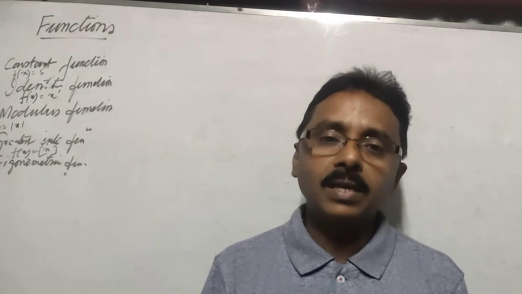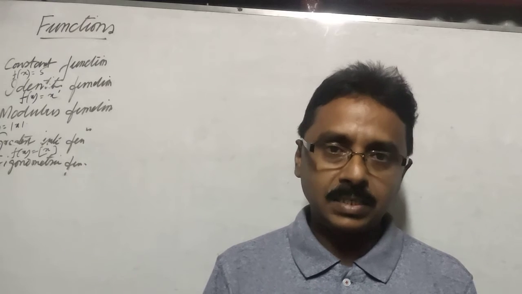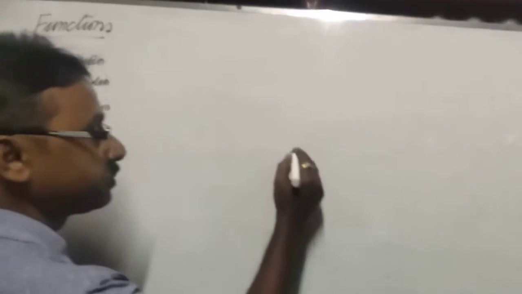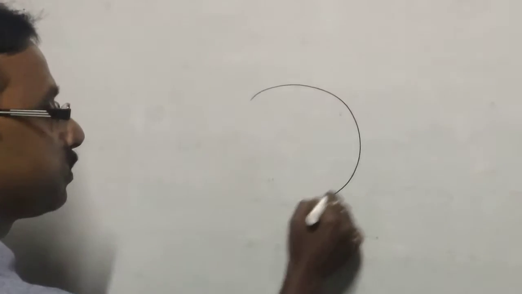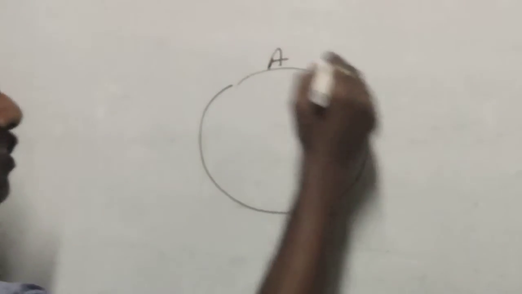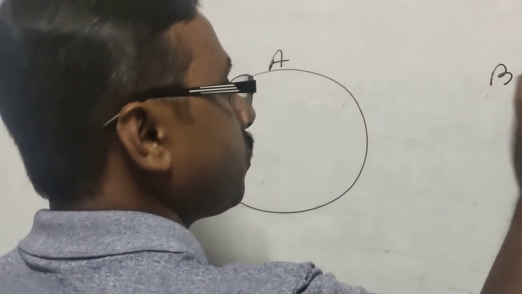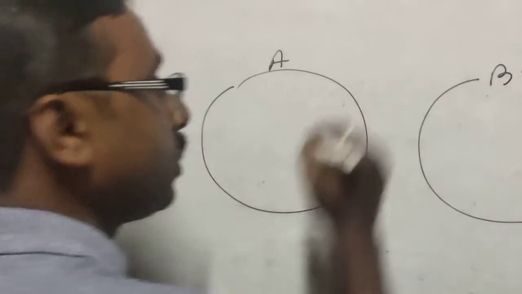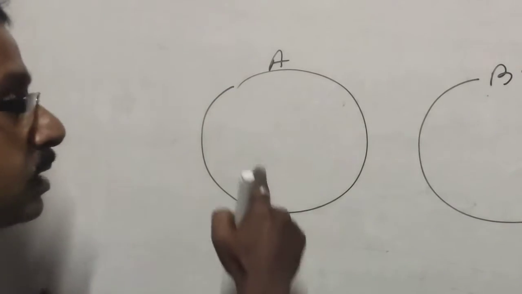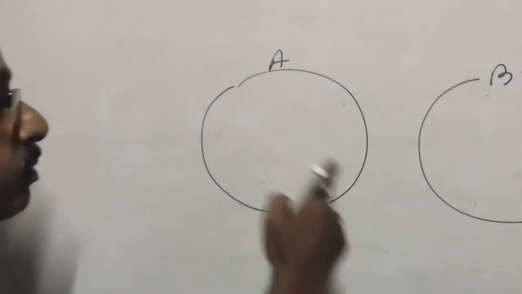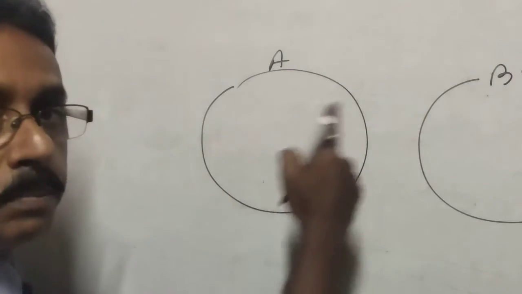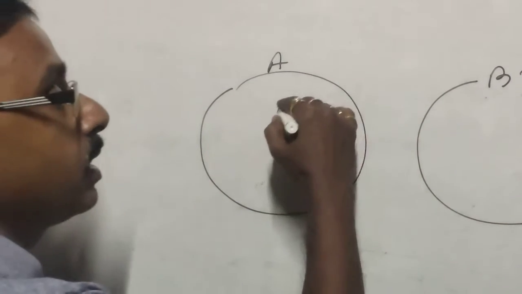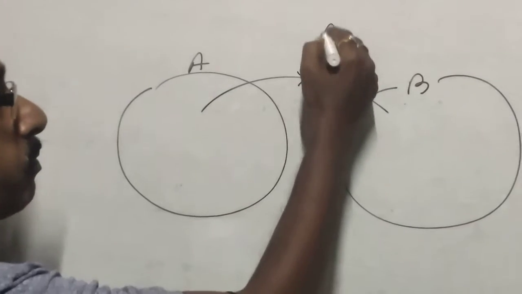Okay, let us take two non-empty sets A and B. Now the elements of A and B are related by a relation f.